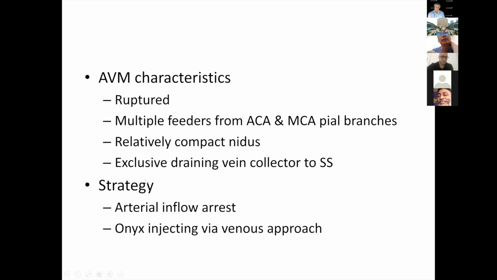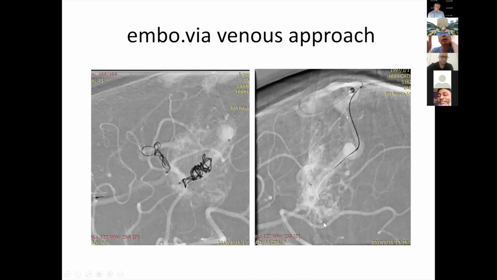So I gave the tailored strategy. First of all, arterial inflow arrest. Afterwards, I injected Onyx via the venous approach. This is the outcome. This coil mass is used to decrease the arterial inflow.